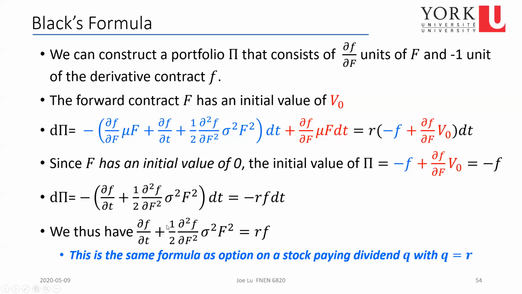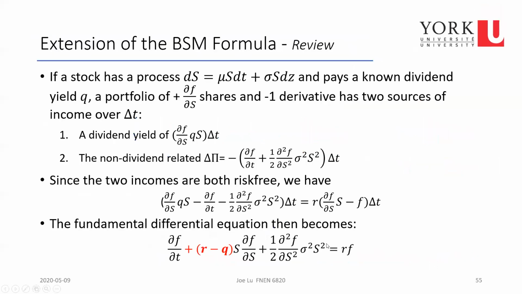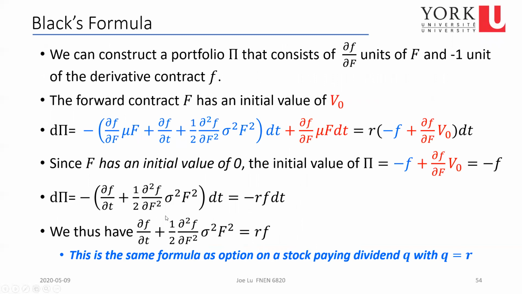Earlier, the partial differential equation for a derivative on a stock that pays dividends has this r minus q term here. If q is equal to r, this entire term drops out. So we're left with this and this equal to rF, which is really this form here.